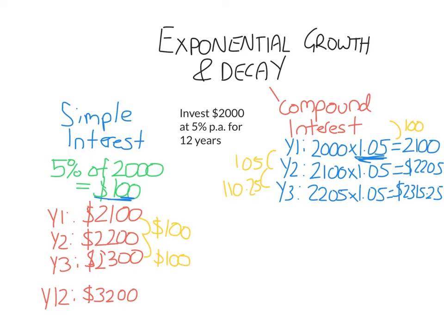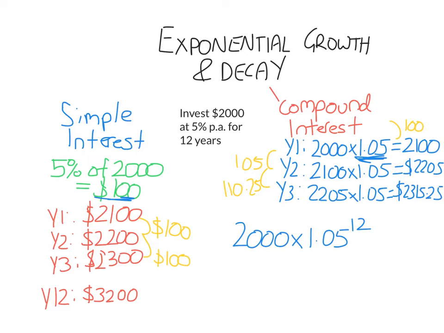Now, if I want to find how much I'd have after 12 years, I don't want to go through this process. This was just to help you know what's going on. What you see is I'm taking my original amount and I'm timesing by 1.05 each time. So after 12 years, I would have this amount of money.